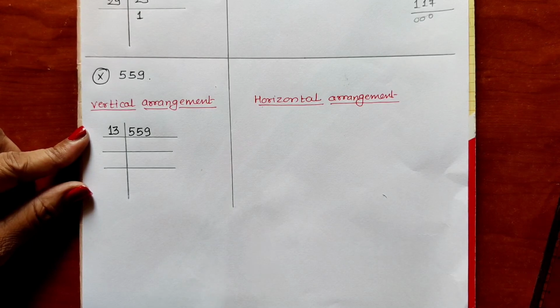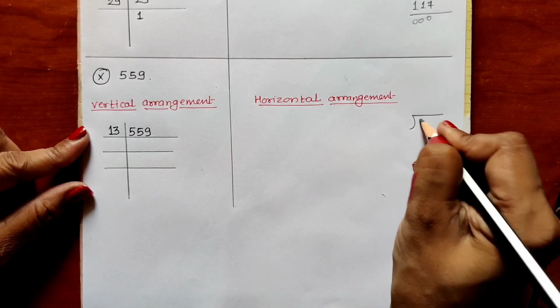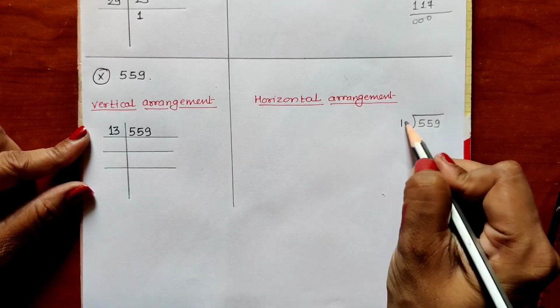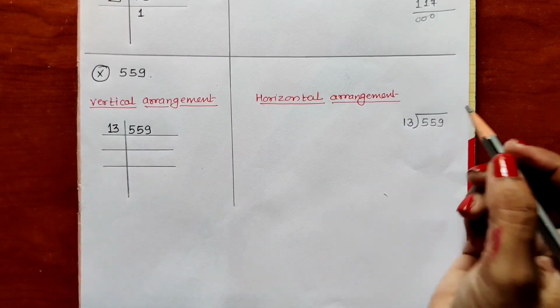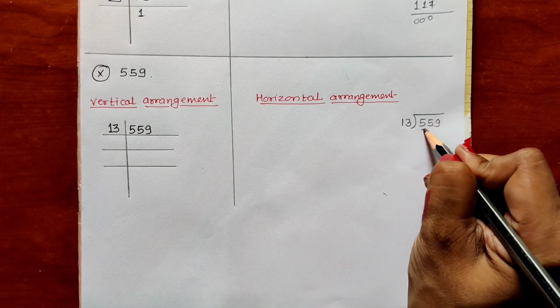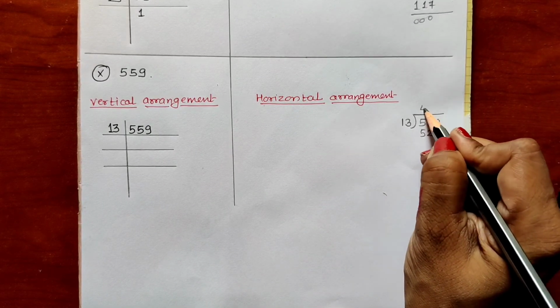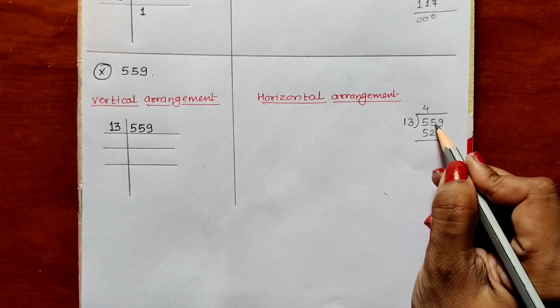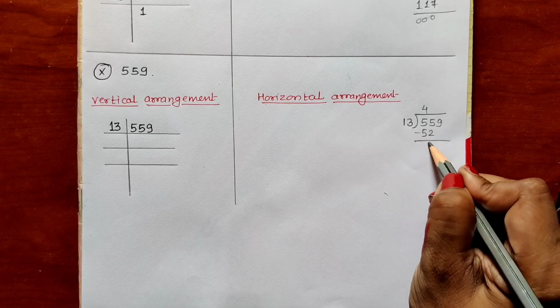So we will divide 559 by 13. You have to check it in the rough first, and then you can write 13 here. 13 fours are 52. 55 minus 52, 3 remaining.